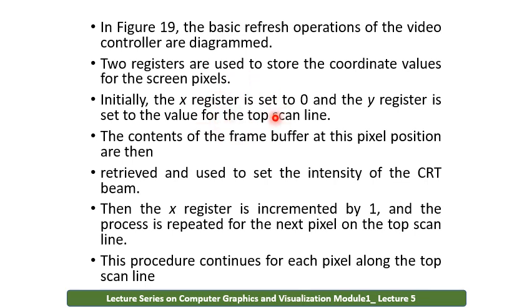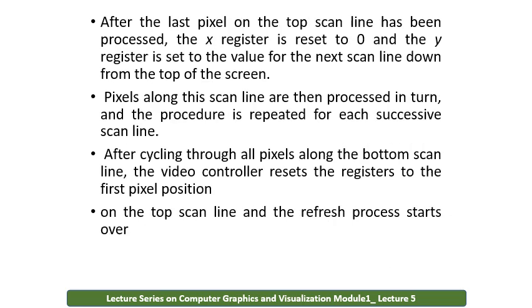Depending upon the content of the frame buffer at the pixel position, the intensity of the CRT beam is retrieved, and then the x register is incremented by 1, and the process is repeated for the next pixel on the top scan line. This procedure continues for each pixel along the top scan line, so that all the pixels within the screen area are covered.